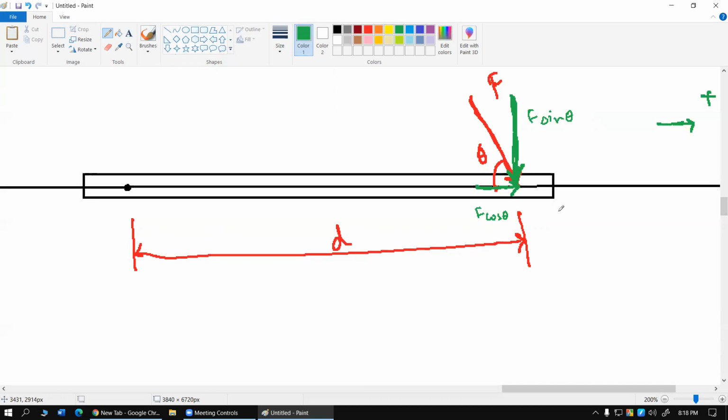Now comes the beauty. The beauty is that this force component of f cos theta is passing along the axis of the object. তার মানে হচ্ছে actually এই ফোর্সের সাথে এই পয়েন্টের ডিসটেন্স কতটুকু? What is the distance of this force from this point? A perpendicular distance, that is. That would be 0. What I'm trying to mean, let's say here is a point and you are applying a force directly away from it.